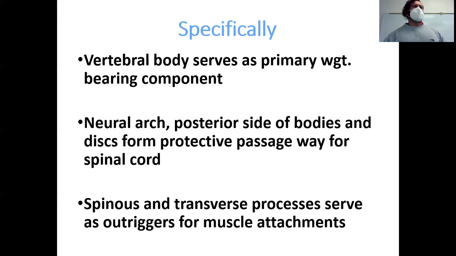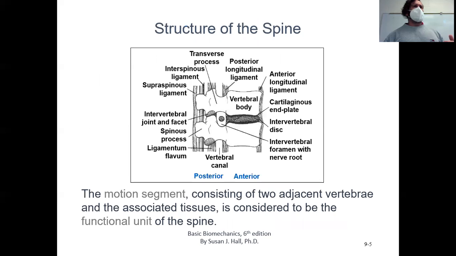So if we were to look at this under a little bit more resolution, going from obviously the lateral view, okay, we've got our vertebral body, we've got our disc, which is going to have its nucleus in the center. We're going to get into this in a little bit.